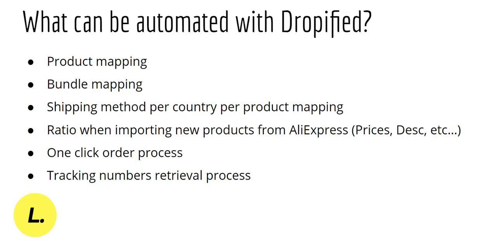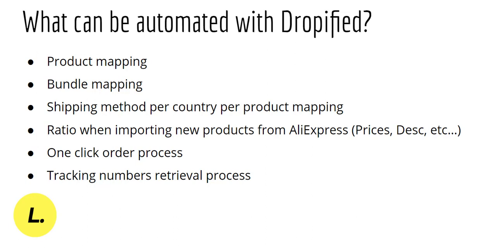So, for example, you have one product that you dropship worldwide. You want to optimize the shipping method that you choose, but you don't want to choose every time. You have 100 orders a day. You don't want to go into that trouble every single day.